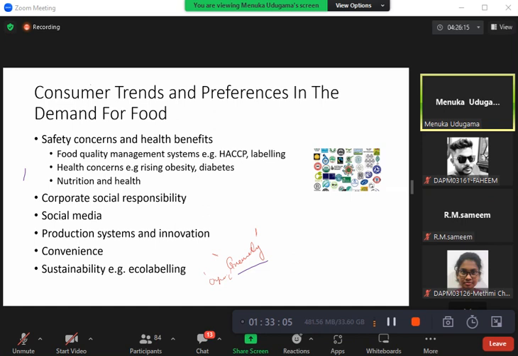But can we really trust these labels? Who would verify or authenticate them? How can you validate the authenticity of these labels? So that greenwashing, green product, organic, natural product, it's not really what they say.